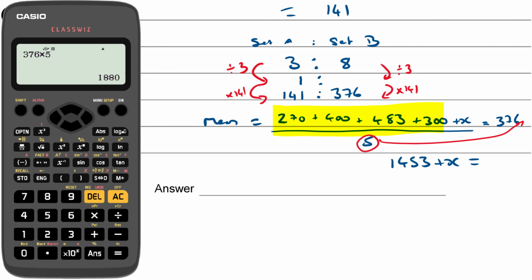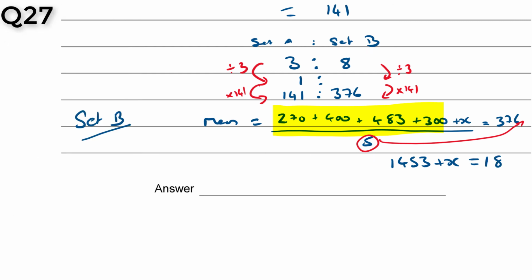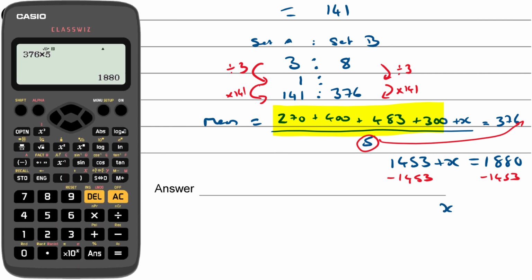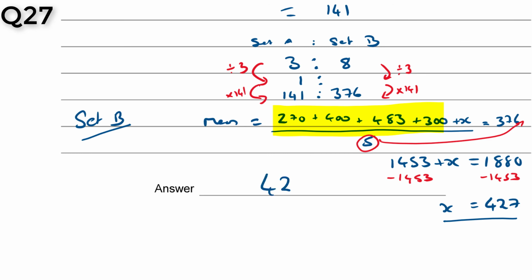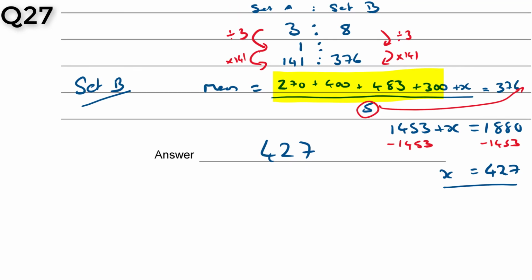That comes out to be 1,880. So I've got a linear equation in x now, so I can just take away 1453 from both sides, and it should leave me with x then, shouldn't it? So x is going to be equal to 1,880 minus 1453. That comes out to be 427. Okay, and that's my answer for x. 427. Yep, I wanted to find x, found it.